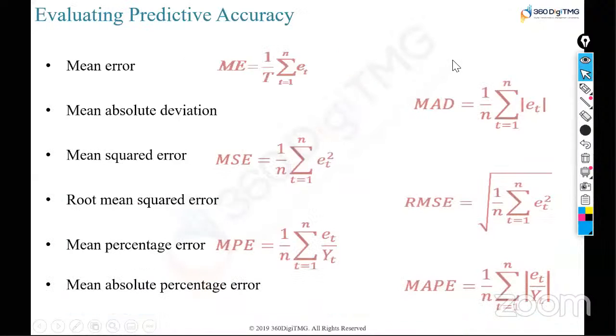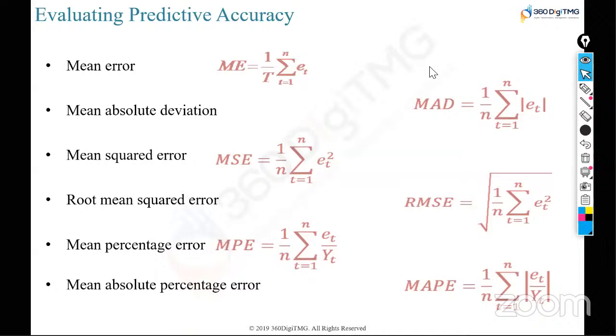Now, what can we do with the error? There are many things we can do with the error. One is we can take the mean of the error, but we know that if we take the mean of the error, we have the same problem that we had earlier. Remember the problem we had when we took the average of the error?